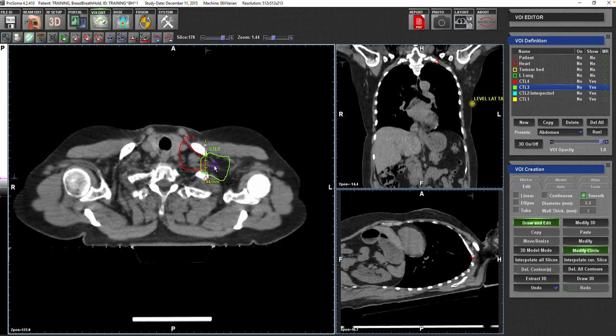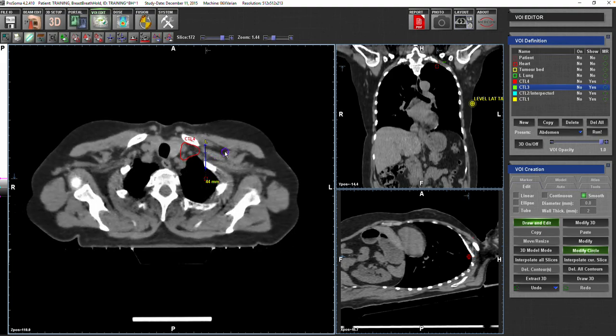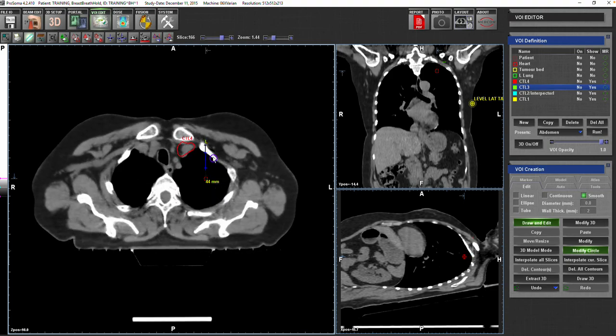I will go down now where the space between the pectoralis major and the chest becomes narrower and narrower. So let's go down. You will see that the pectoralis minor is here, and the pectoralis major is here, and the space between the chest wall and the muscle is getting narrower and narrower.